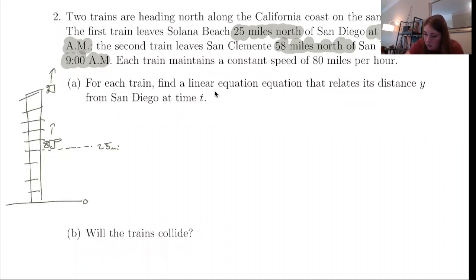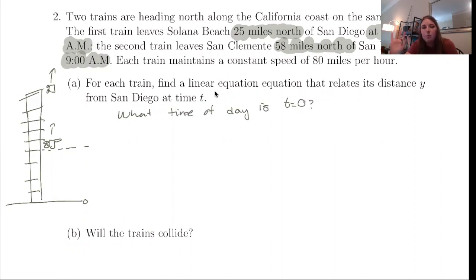So the first thing that we need to find a consensus on is what is t equals 0. What time of day is t equals 0? Is it going to be 8 a.m. or is it going to be midnight?